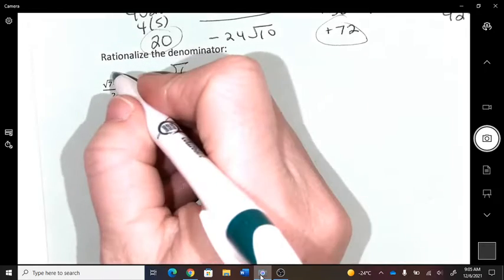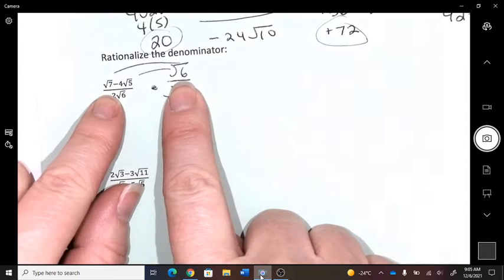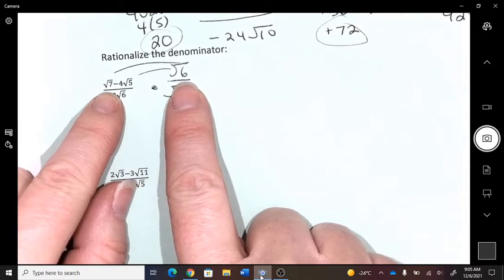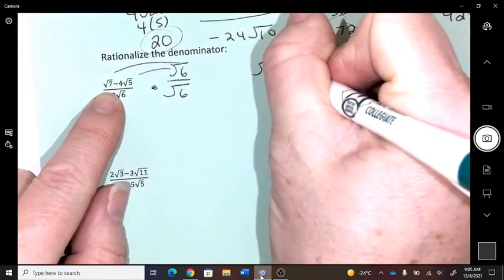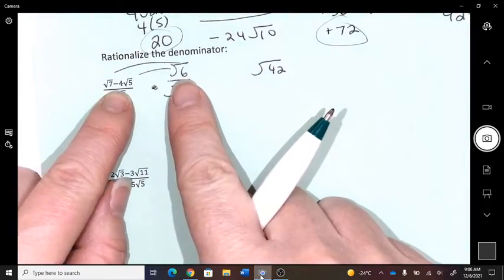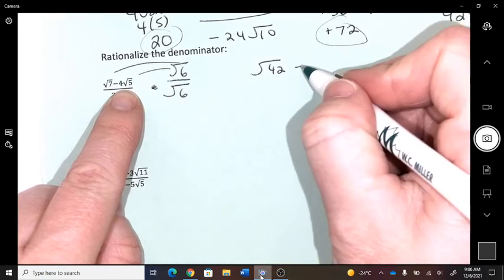Okay, so the top is going to create a distribution. Each one multiplied by root 6 makes root 42 subtract 4 root 30.